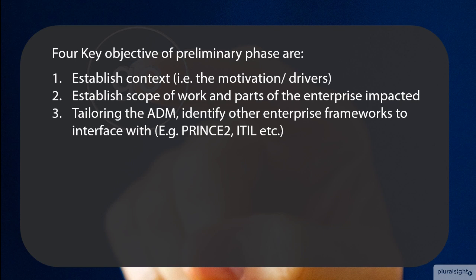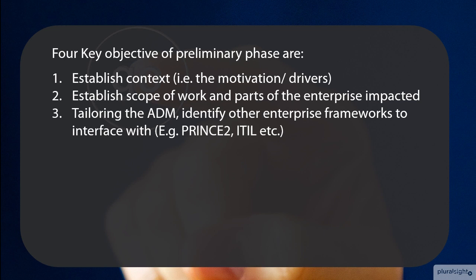Here is where you would decide how you would need to tailor the ADM to suit your needs, and decide which phases of ADM you would want to execute as part of that iteration and in what order. And also if the architecture team will interface with any other enterprise frameworks. For example, a program or portfolio management framework such as Prince2, Scrum, or SAFe, or an IT service management framework such as ITIL.